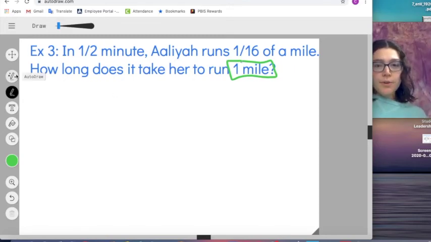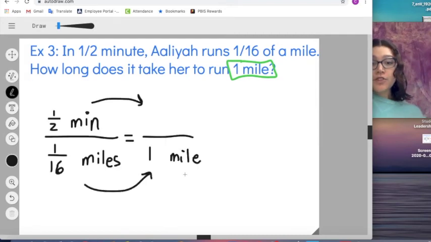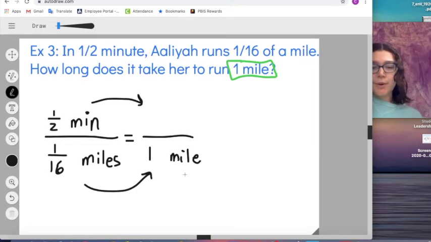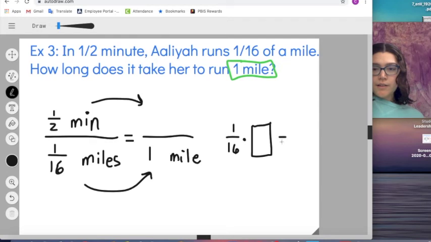So let's set up what I have. This is just like what we just did. I have 1/16 and I want to get to 1 mile. So 1/16, we're going to stick with multiplication, times what is going to equal 1.